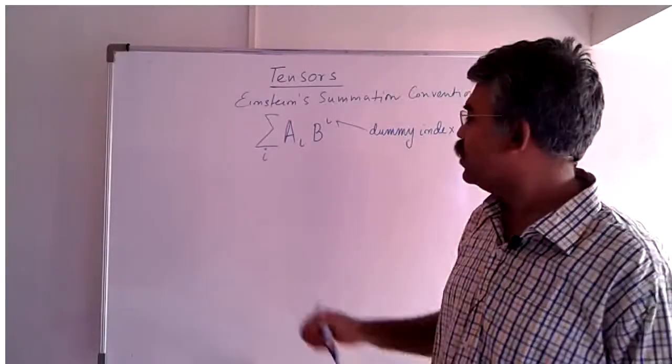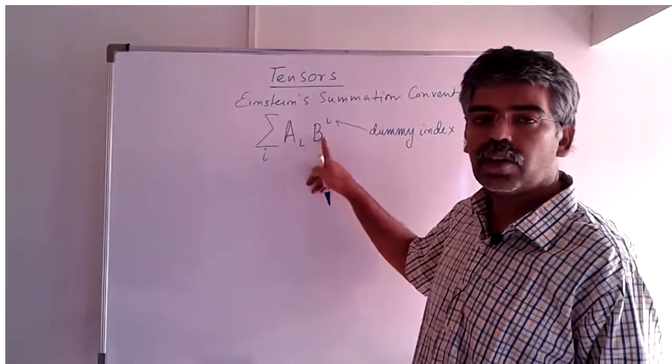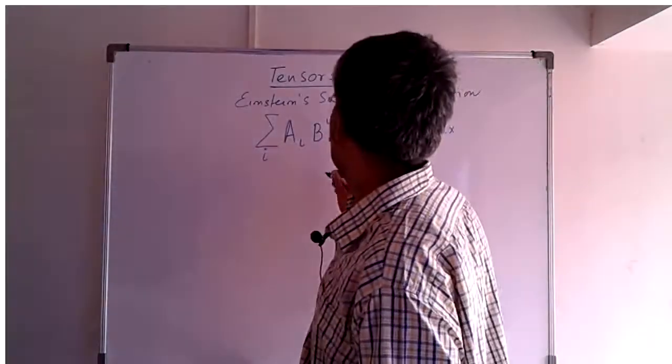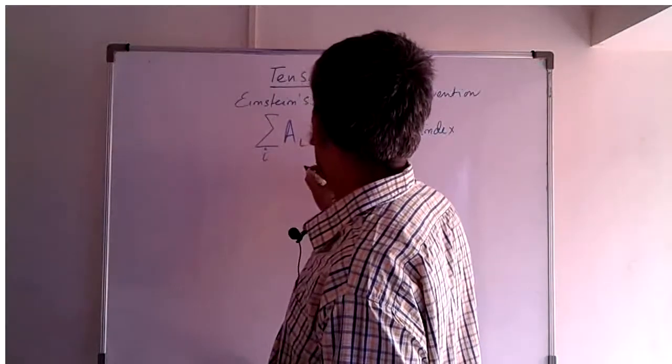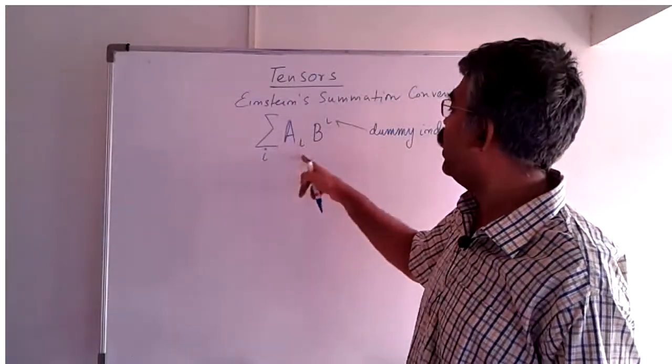Okay, so this is a vector, this is a covariant vector, this is a contravariant vector. Now this is a dummy index, A_i B^i.